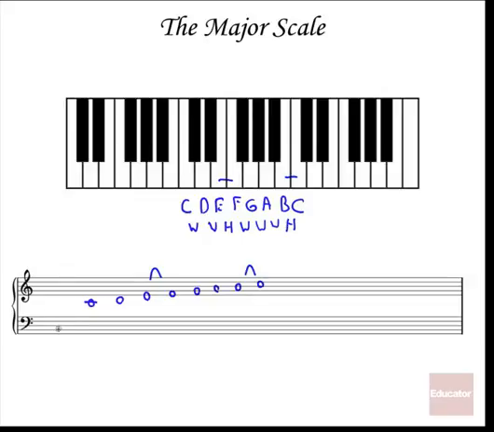So it turns out that the major scale consists of the pattern whole, whole, half, and then whole, whole, whole, half. So later we'll use this sequence of whole and half steps to make a major scale starting on any note, and the piano keyboard will help us to count the whole and half steps.